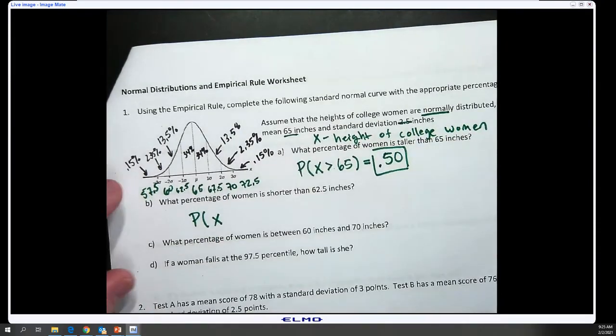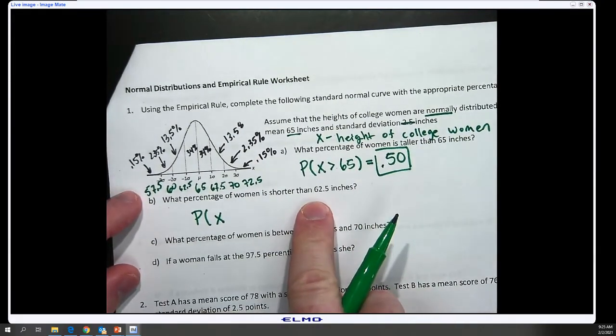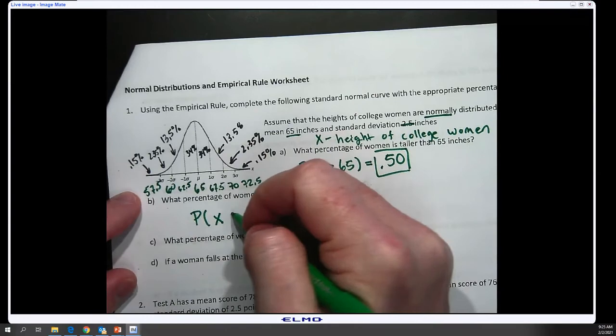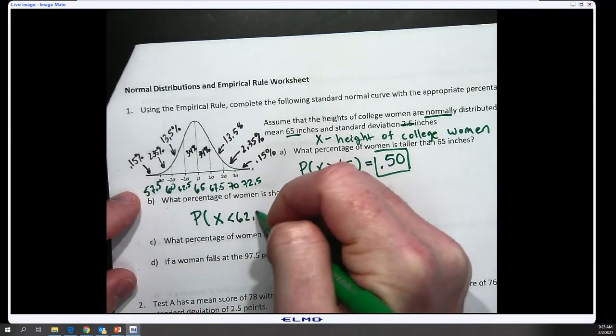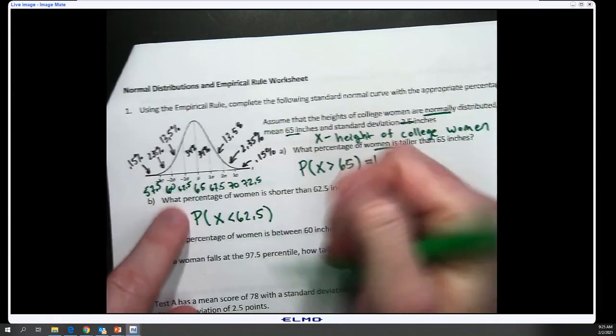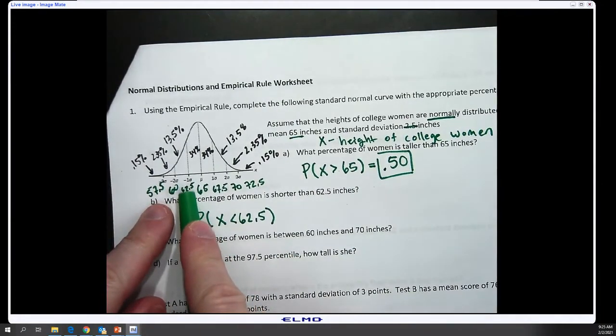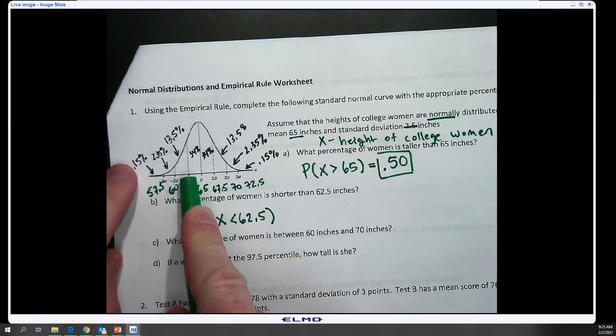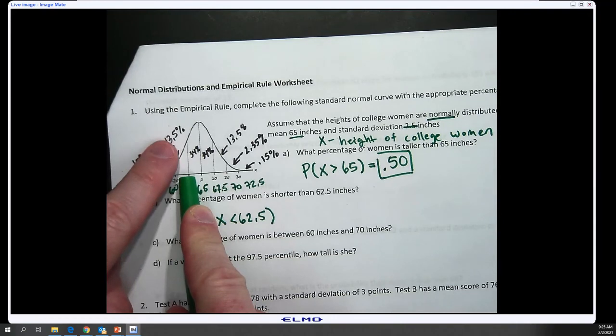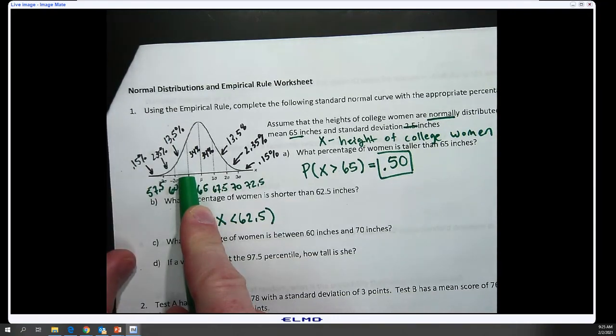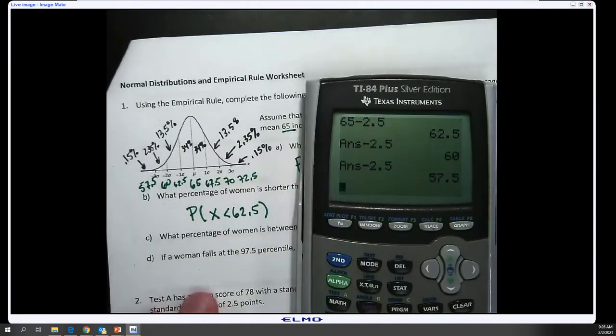Next, it says, what percentage of women are shorter than 62.5? So what I'm going to do is find 62.5, which is right here. I can just add these percentages together. So that's going to be 2.5 plus 13.5, so that's 16%, I believe. Let me just make sure with Dora.